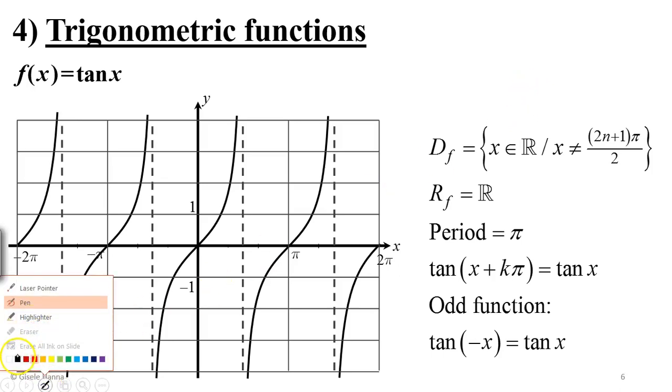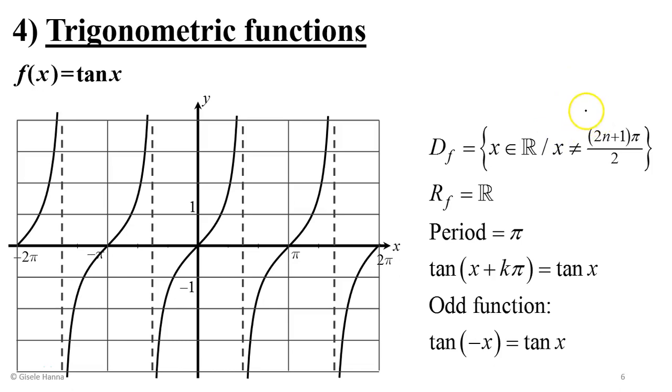So just to make sense of that domain just a little bit, we know that tan x is in fact sine x over cosine x, right? And since this is a quotient of sine and cosine, tan is defined when cosine is different than 0. And we know that 0 is cosine of pi over 2.